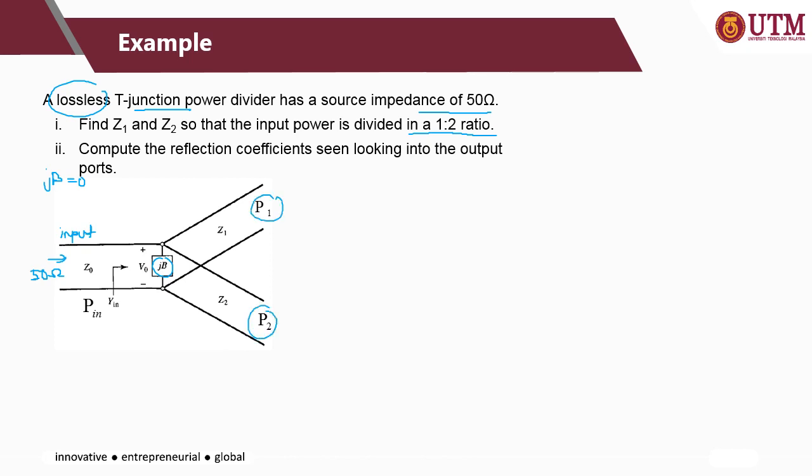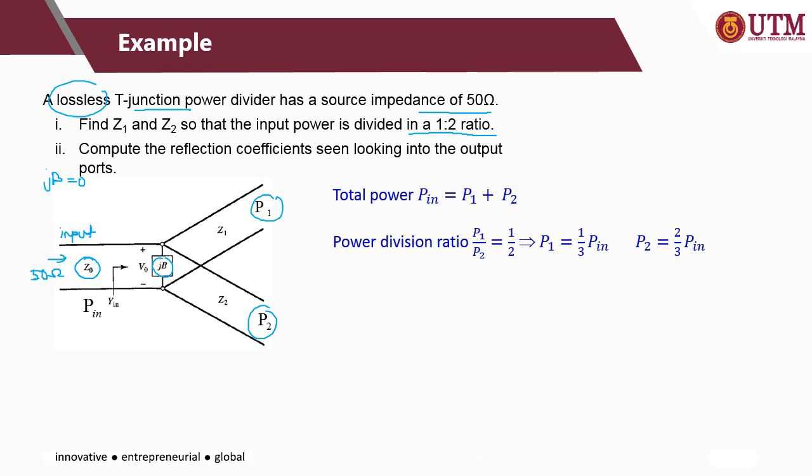In order to get Z1 and Z2, we only know the input impedance at the input line, Z0 equal to 50 ohm. So we need to consider the information that we have in terms of the power division. Given the total power P in, the power divider will divide the power to the output ports, port 1 and port 2, with the ratio of 1 to 2.